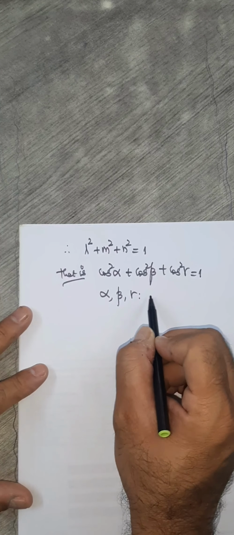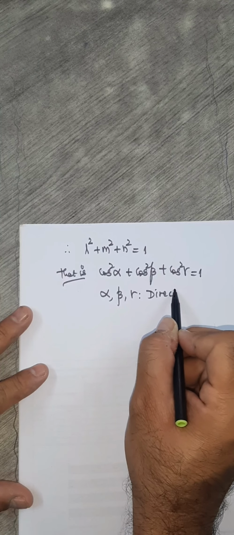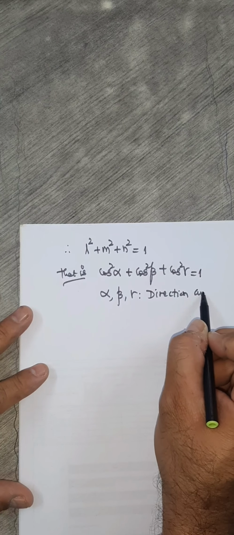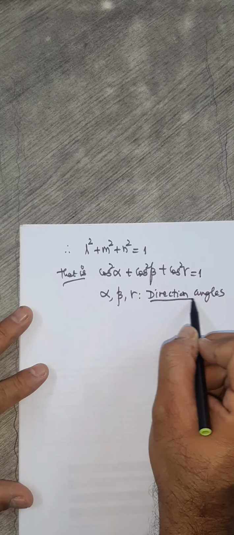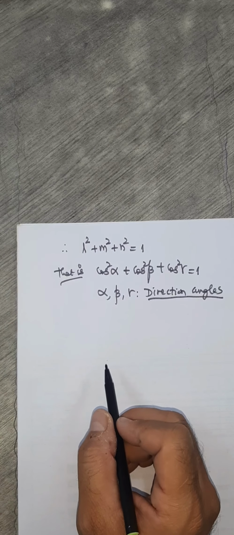These are nothing but the direction angles of the line. That much we know, and the same thing also holds true for a line. We have defined such things for vectors in the previous chapter.